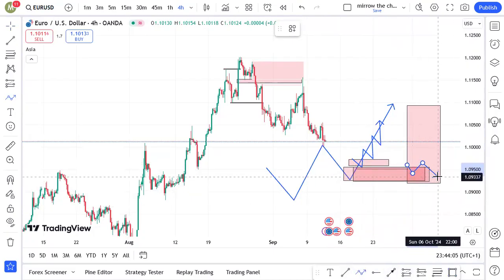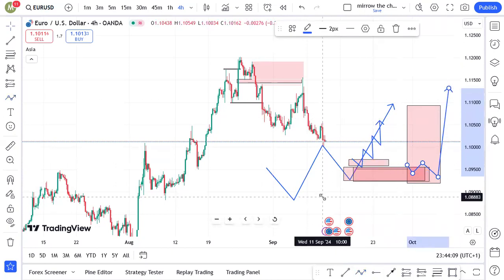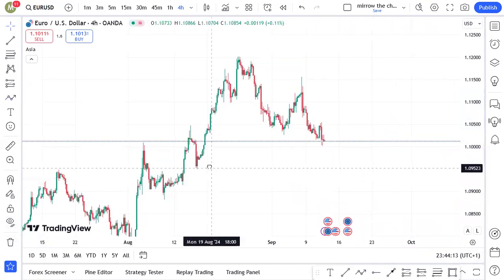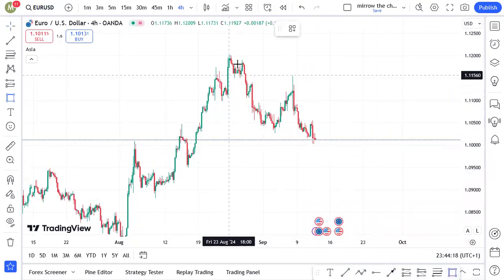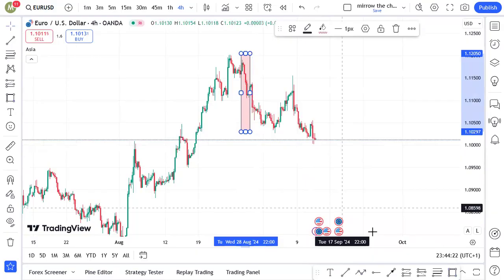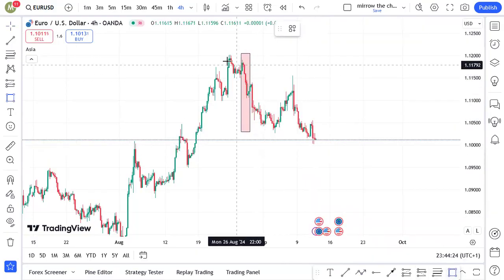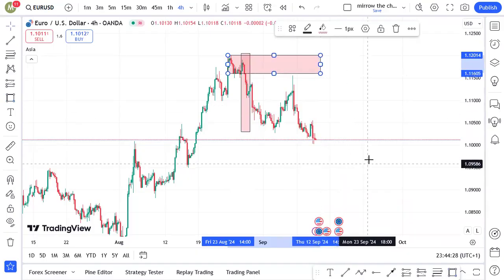A buy setup to continue up. This is just it. There are no other ways to explain it. This is the range structure. This is our POI.